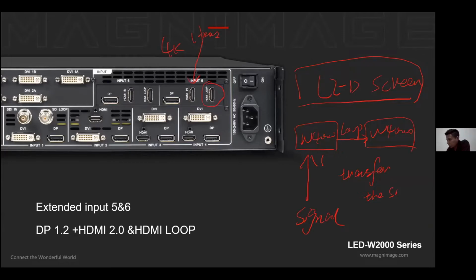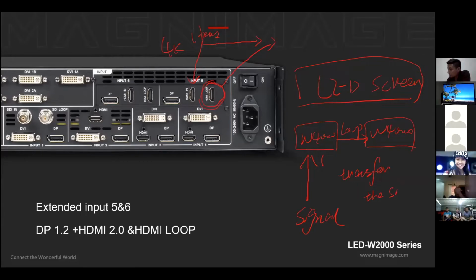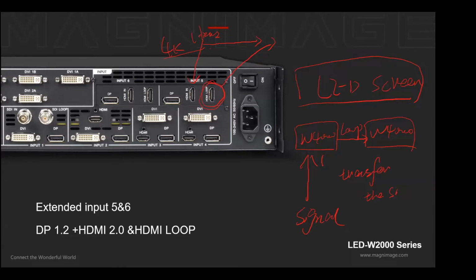From the loop, I can transfer the 4K HDMI signal to another equipment. It's the same signal, like this. Can you understand? The loop means you can transfer whichever signal you want to another equipment.